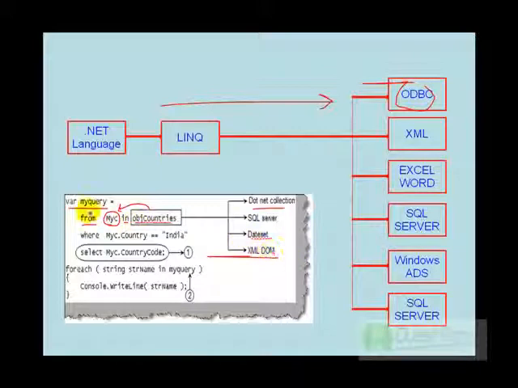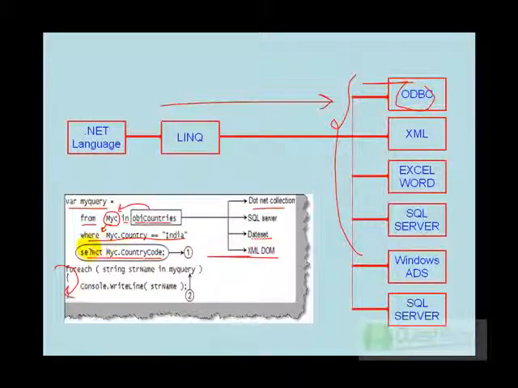So in other words, what we have written here is a generic LINQ query which completely abstracts from us the way all these data sources work, right? And then what we say is, once we get the data into myC, this temporary variable, I can say where myC.country is equal to India, and then select the country code column from that, and then just loop through all the things and display it.